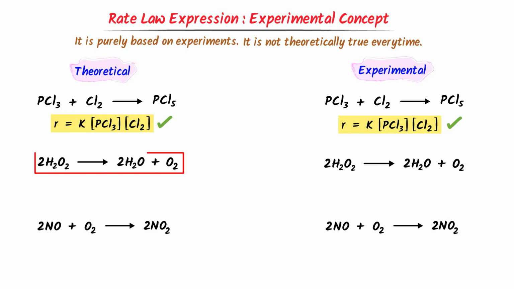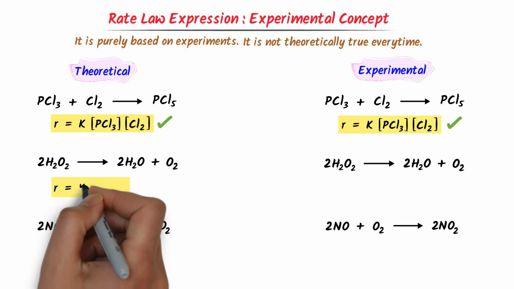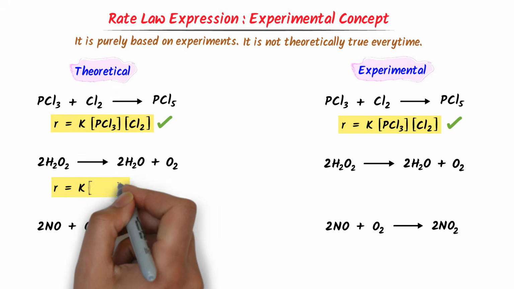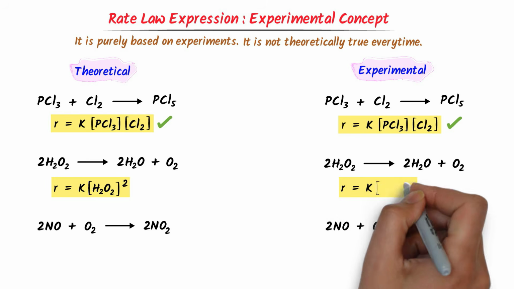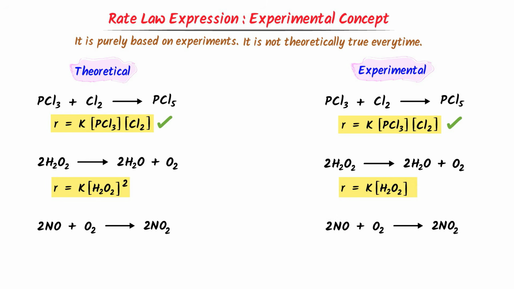Secondly, in case of this reaction, the theoretical rate law expression is r equals k times the concentration of hydrogen peroxide. The stoichiometric coefficient is 2, so I put 2 as a power. While the experimental rate law expression is r equals k times the concentration of hydrogen peroxide, and the power is not equal to its stoichiometric coefficient.